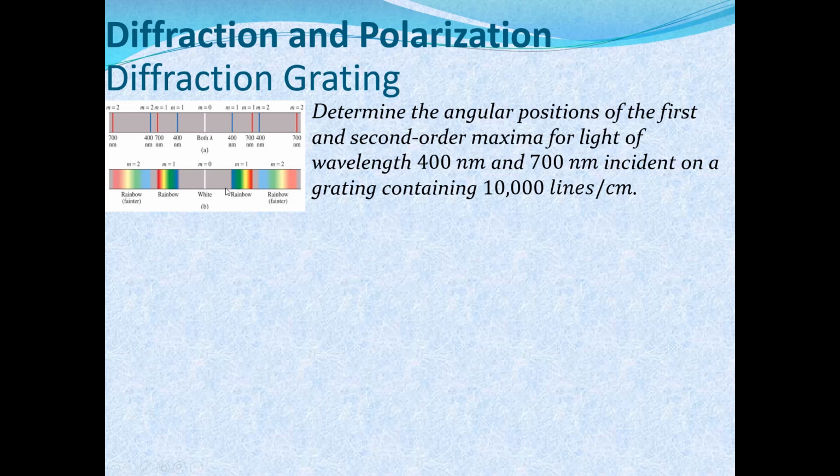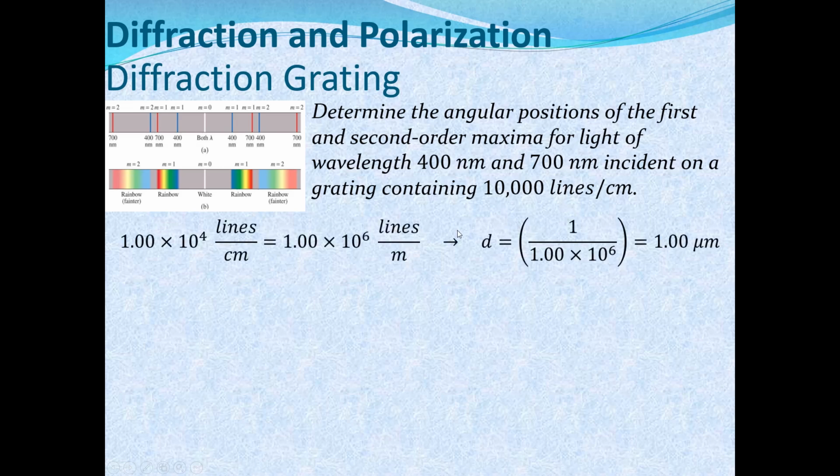All right, so like I said, the only real difference process-wise between the diffraction grating and the double slit questions is that you have to do one step before, and that is to take this grating and figure out the spacing between each line. The way we do this is by taking essentially the inverse.